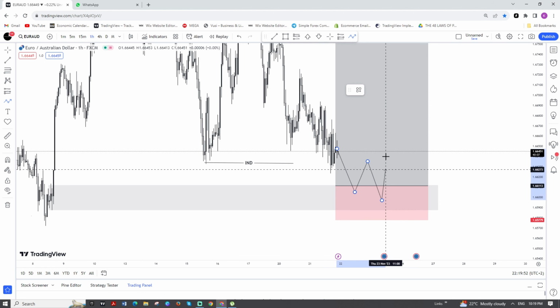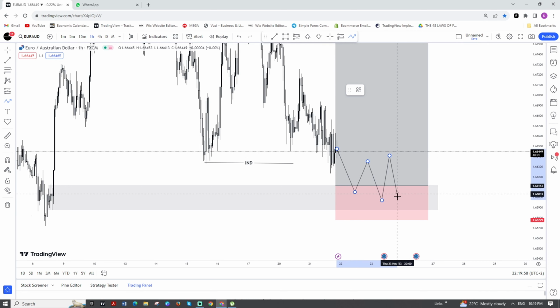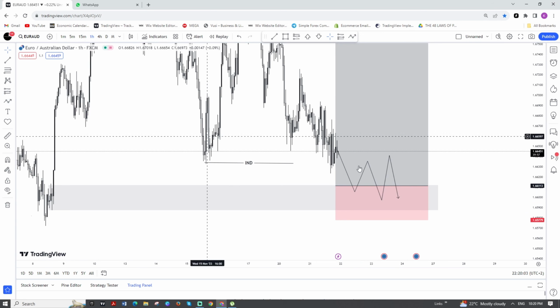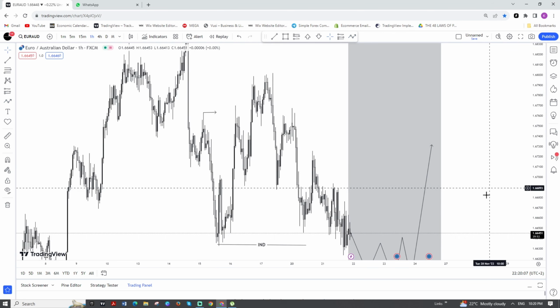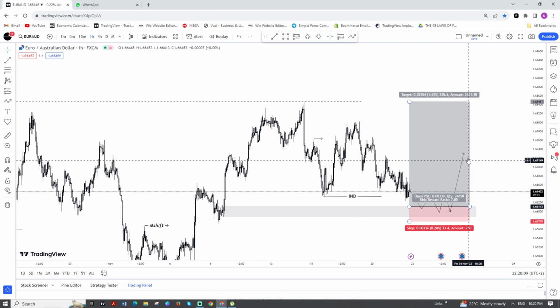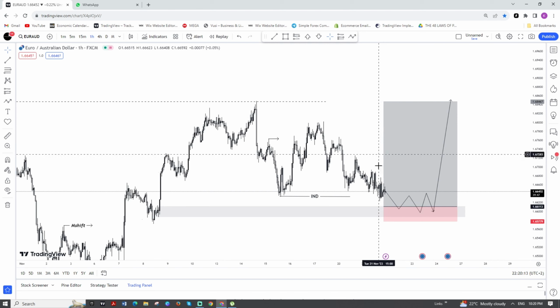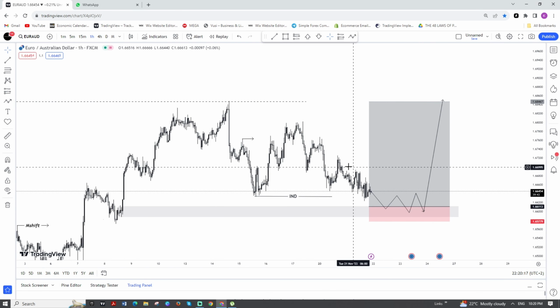If it breaks this high over here that will be created, it's going to reverse back again right here, and then we're going to go up with it until that high over there. So this is why it's very risky. This is why I'm calling it a risky trade, guys.